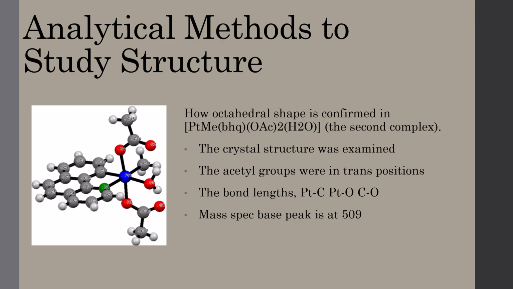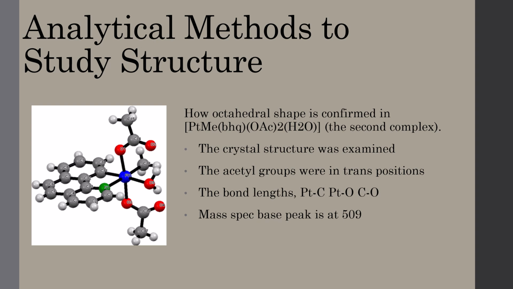Finally, there were different analytical methods used to study the structure of the different platinum complexes. For example, the octahedral structure that was presumed to be present in the second complex that was looked at was determined by having crystals be grown via diffusion of hexane into a solution of CHCl2 and this particular platinum complex.